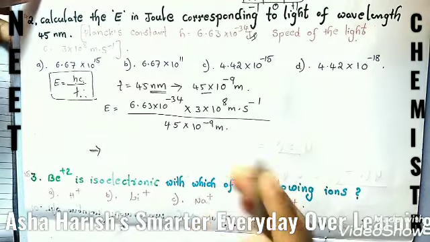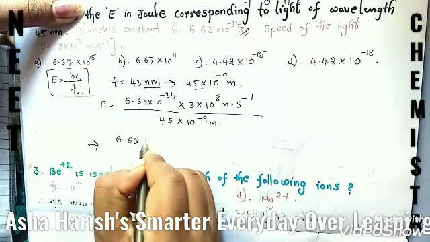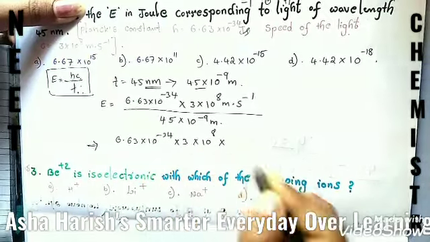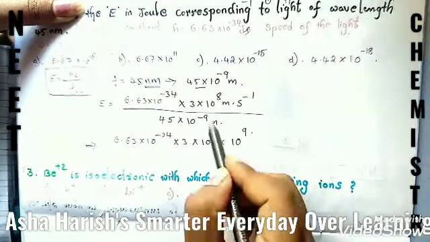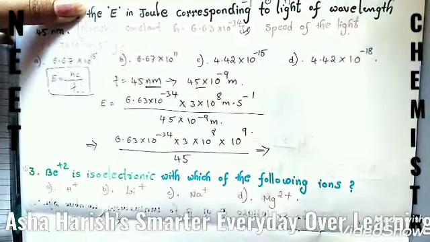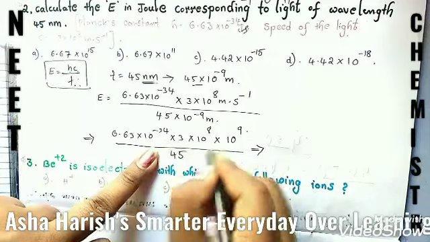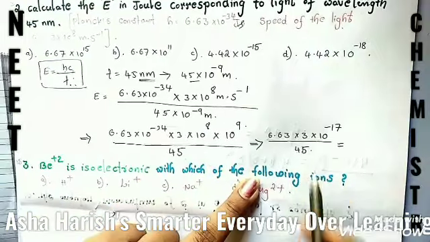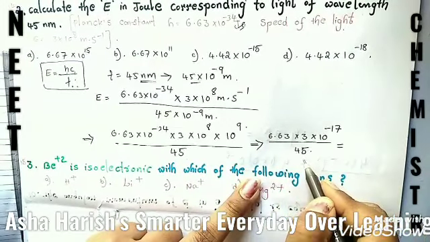If we calculate this, we get 6.63 into 10 power minus 34 into 3 into 10 power 8 into 10 power plus 9 by 45. And students, for the simple calculation, minus 34 plus 8 plus 9 gives 6.63 into 3 into 10 power minus 17 by 45.